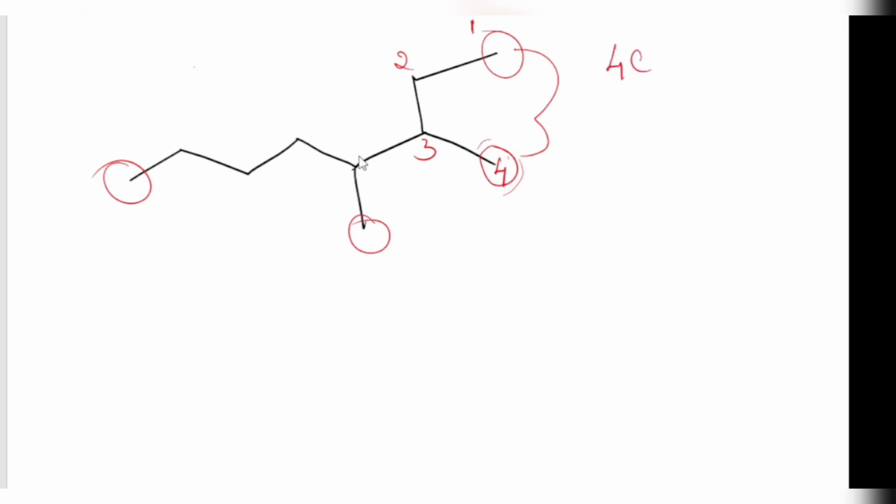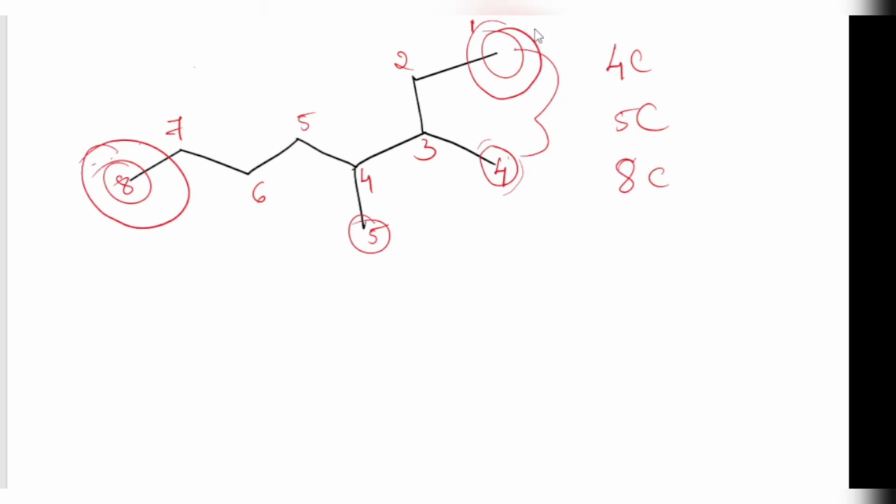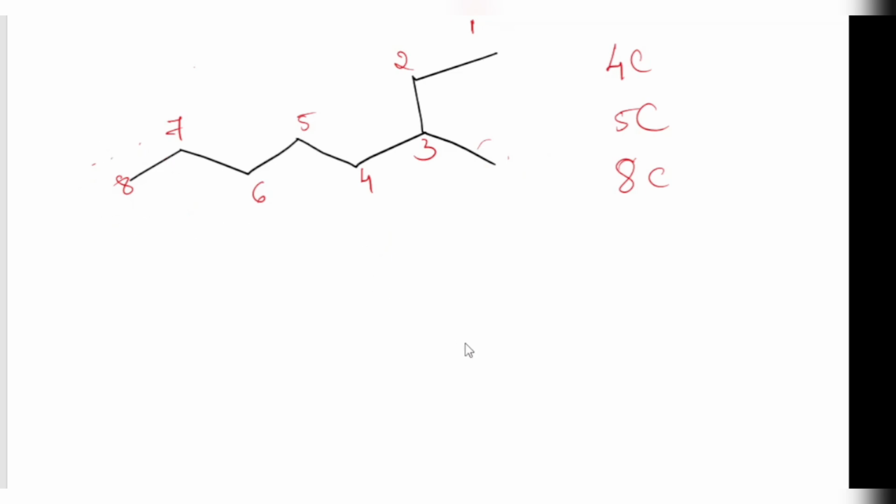And here if I take, this is 4 and this is 5, and another it is coming as 5 carbon atoms, and here 5, 6, 7 and 8. From this terminal to this terminal I am getting 8 carbon atoms. That means we have to understand that the principal chain contains 8 carbon atoms.